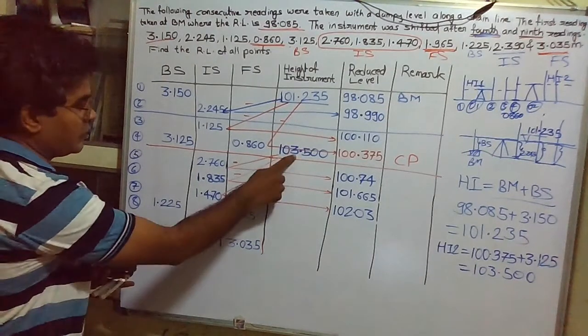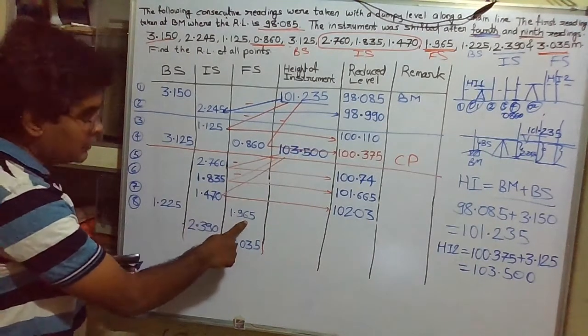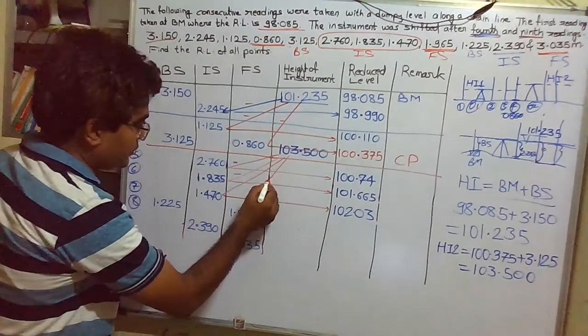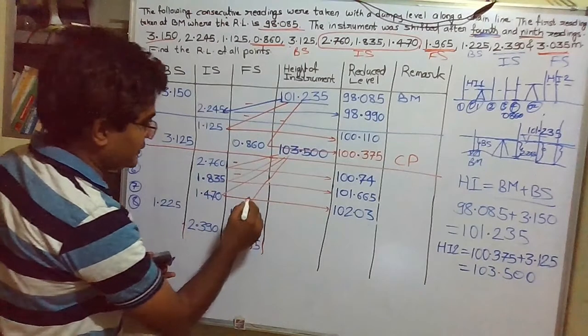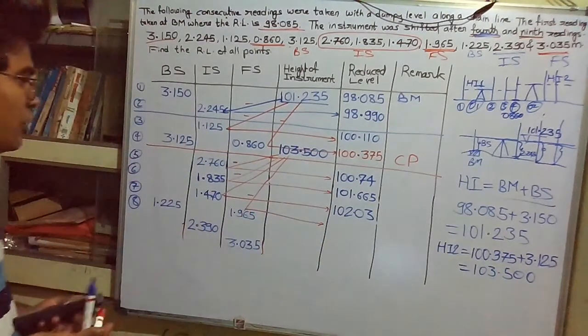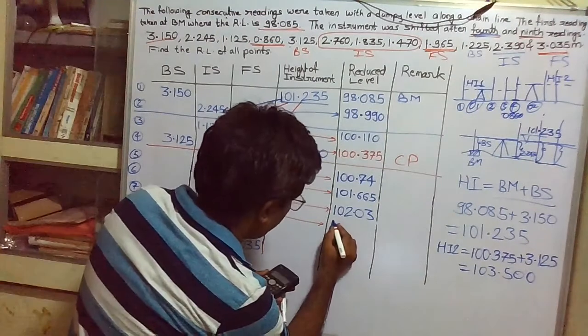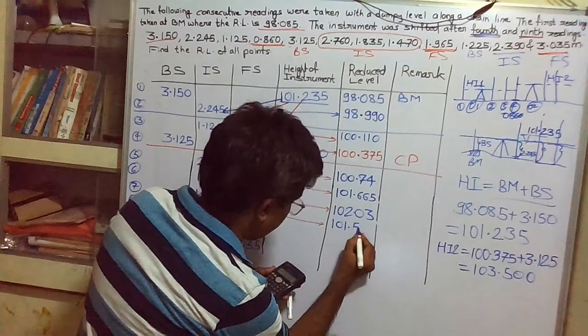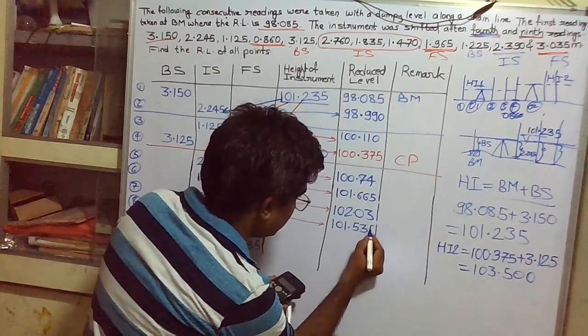This is HI minus foresight reading: 103.5 minus this. So we'll get the RL of the change point, that is 101.535.